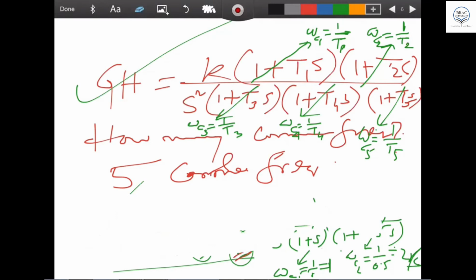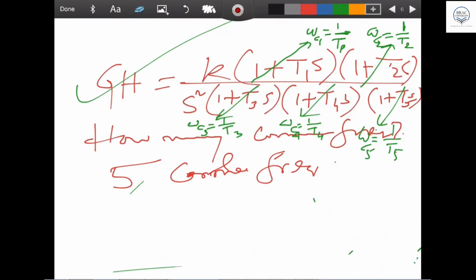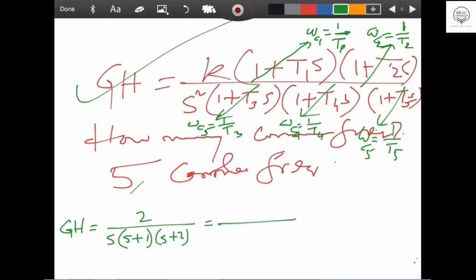I think this is a very simple job. Look, 2 divided by S into S plus 1, S plus 2. I have rearranged it in that way. 2 I have written, S I have written, then S plus 1 I am writing 1 plus S. S plus 1 can be written 1 plus S.